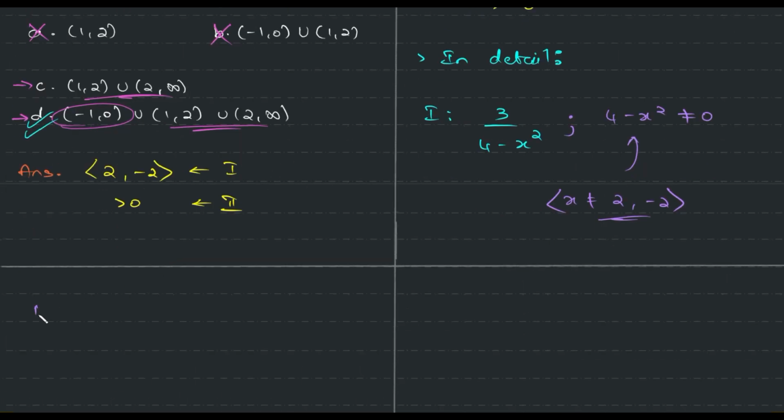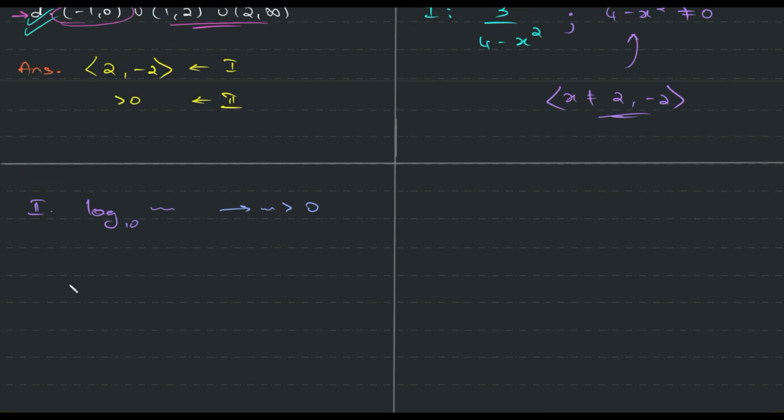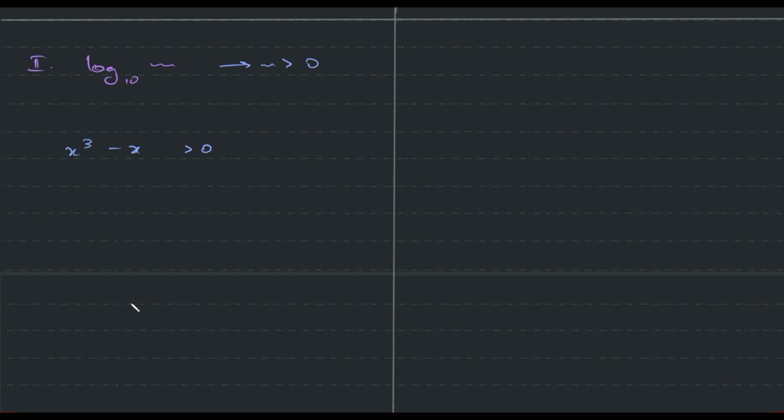Now the second expression. Second expression has to do with log 10 with some expression. This has to be greater than 0. Sorry, log deals with values which are greater than 0, right? So the expression has to be greater than 0. So what is the expression? X cube minus x has to be greater than 0.